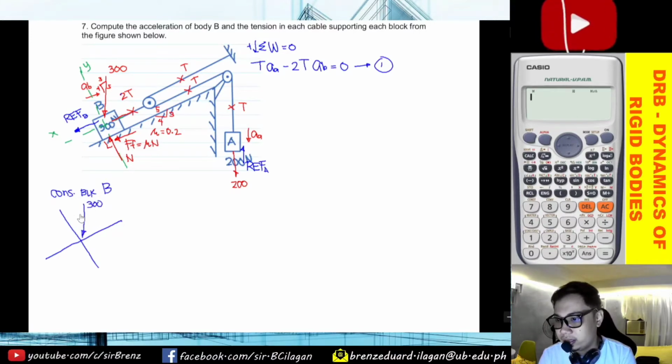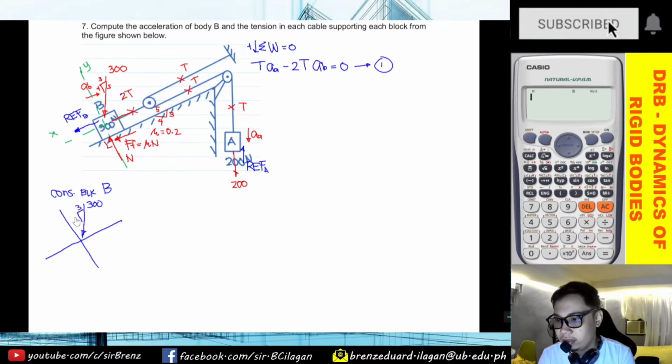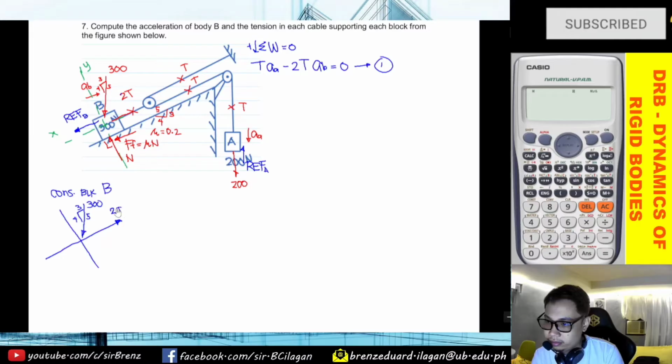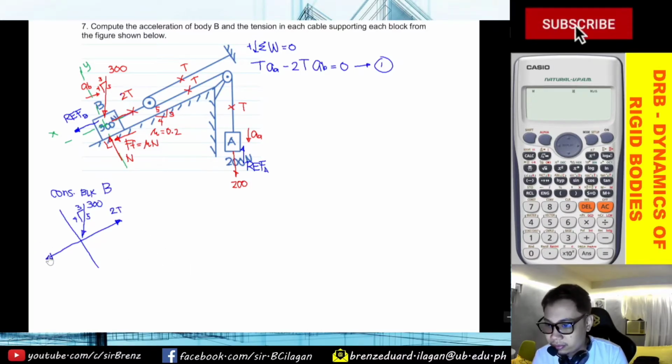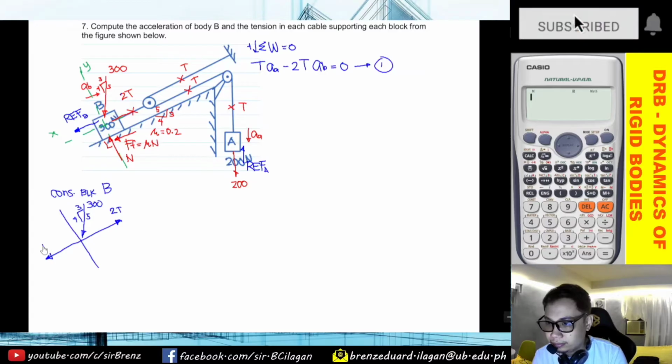So, meron ka dito na 300, which has a slope of 3, 4, and 5. Next, we have here a tensile force 2T. Ayan. And then, we have here the reverse effective force. And then, ilagay ko na lang dito sa bandang baba.